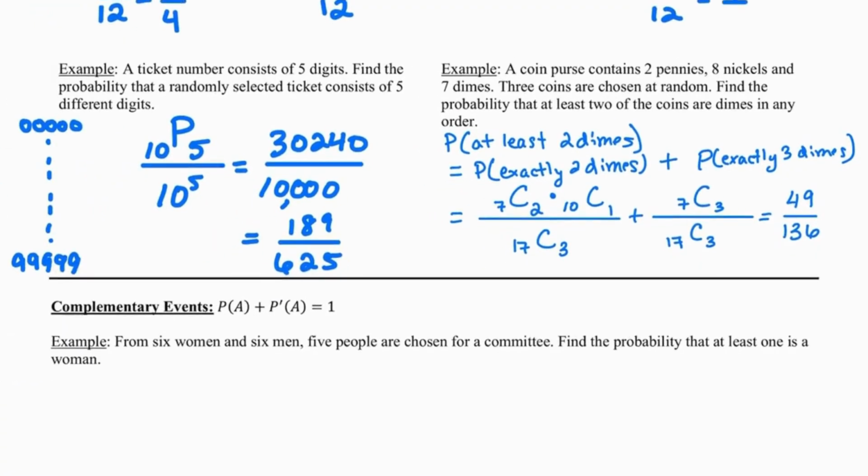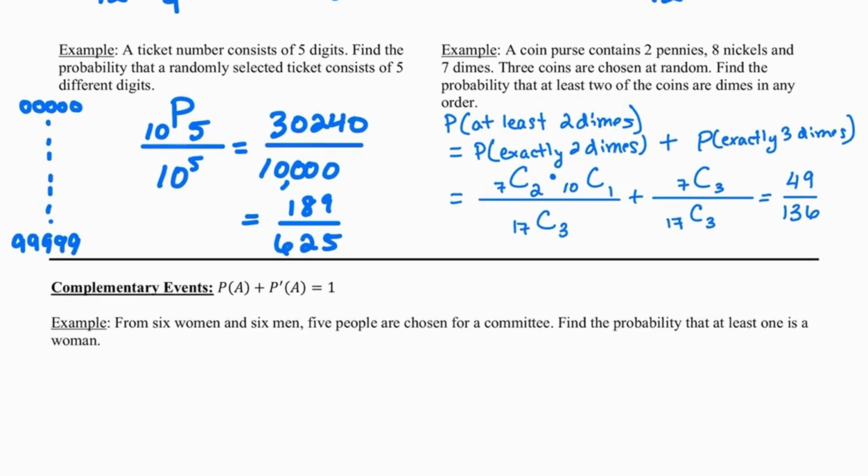So why was the last problem a permutation while this one was a combination? Well, the last problem we're talking about tickets with digits in their spots. So ticket 00001 is different than ticket 00010. And if you move that 1 anywhere else, it's still a different ticket. It's a different number.